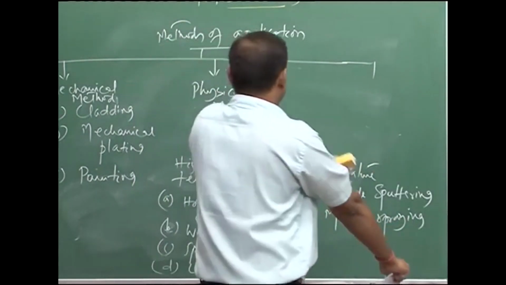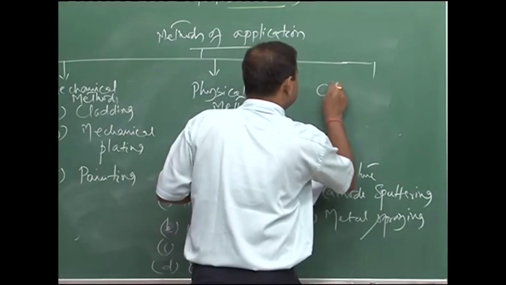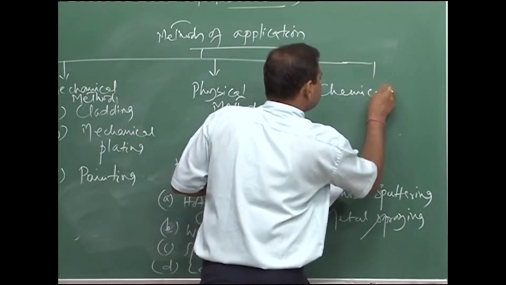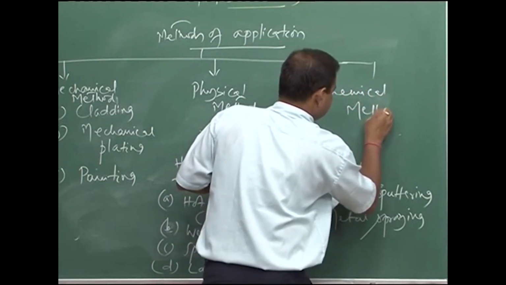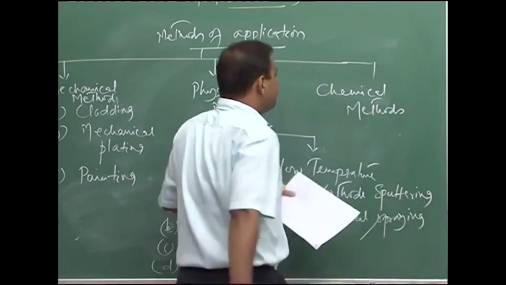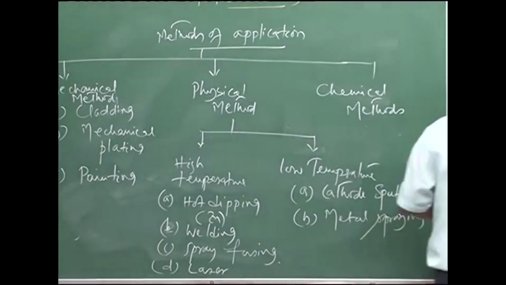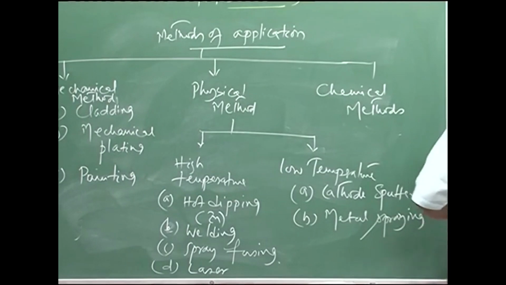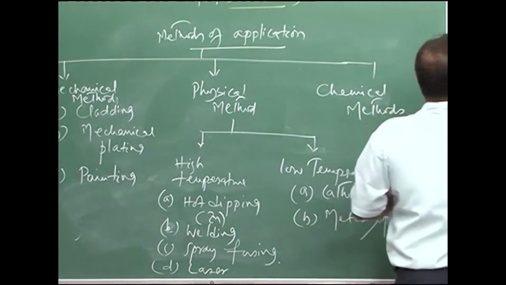Then finally, we have one more method, which is chemical methods. In case of chemical methods, we have different varieties.